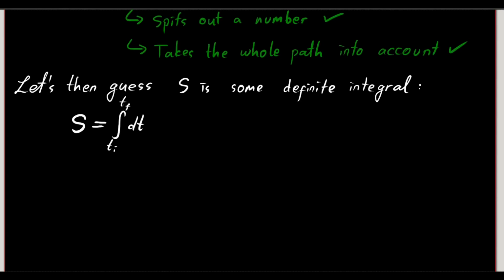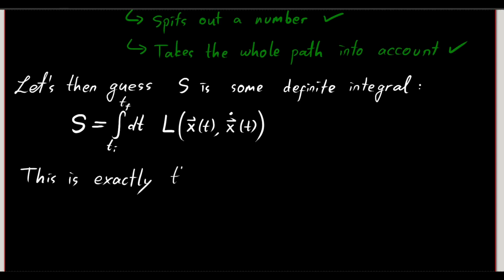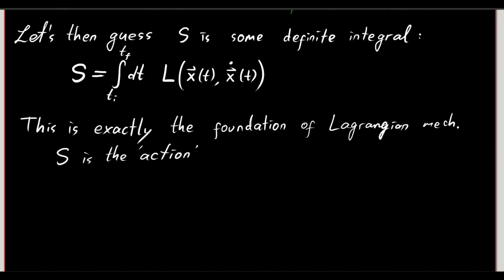Let's just call it L. L needs to take in the path x of t and velocity x dot of t. And this is it. This is exactly the foundation of Lagrangian mechanics, and S is later called the action, and L is called the Lagrangian.